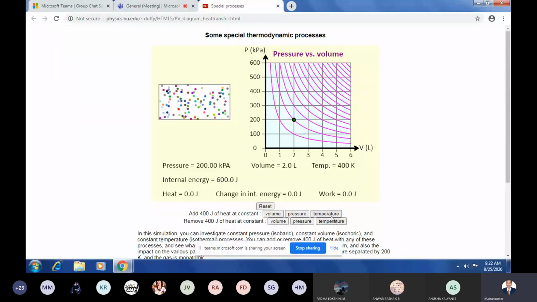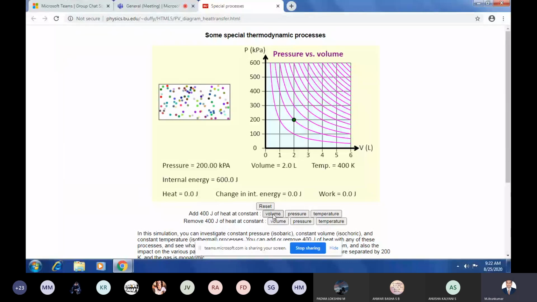So here we are adding the heat energy in joules.